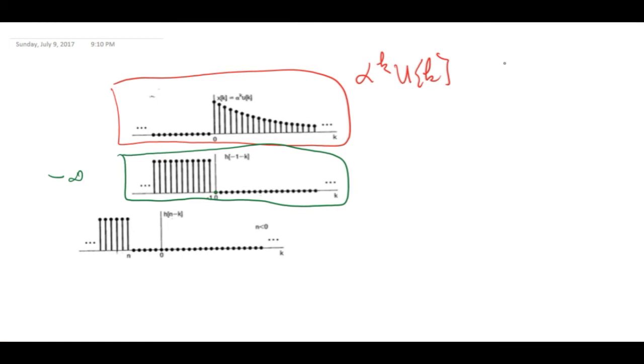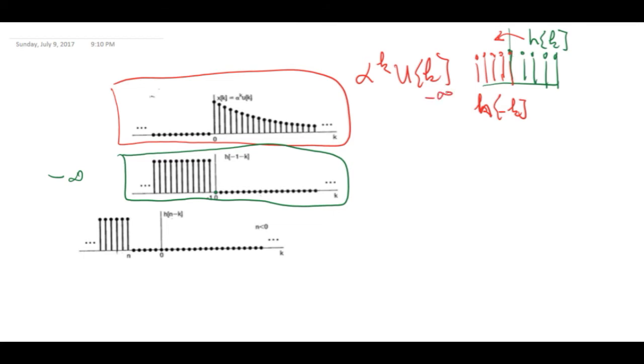Coming back to the classical things here, this one is h[k], so this one, the red one, will become h[minus k], because we just flipped it to the left hand side here.